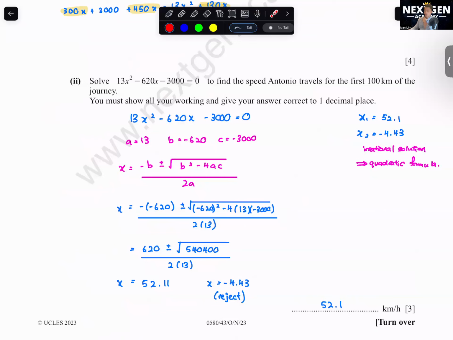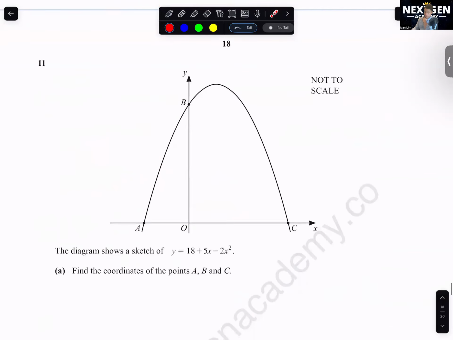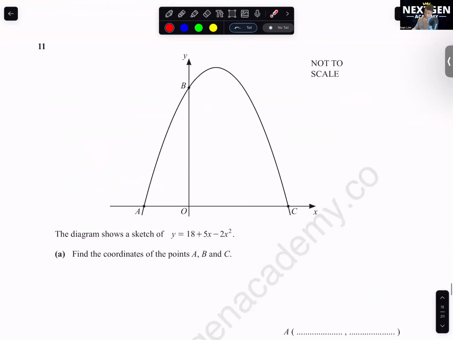Okay, we are going to go for the last one. The diagram shows a sketch of y equals 18 plus 5x minus 2x squared. Find the coordinates of A, B, and C. This is a quadratic equation.